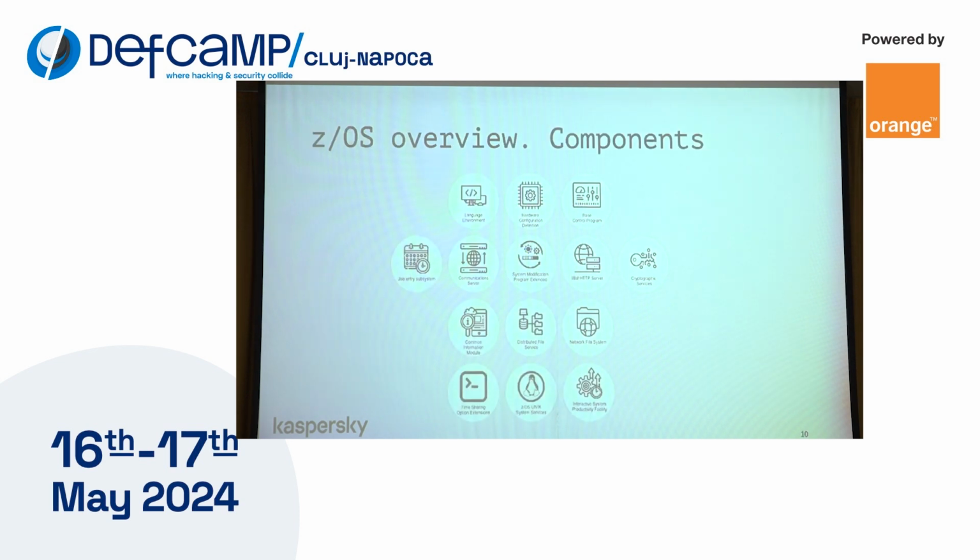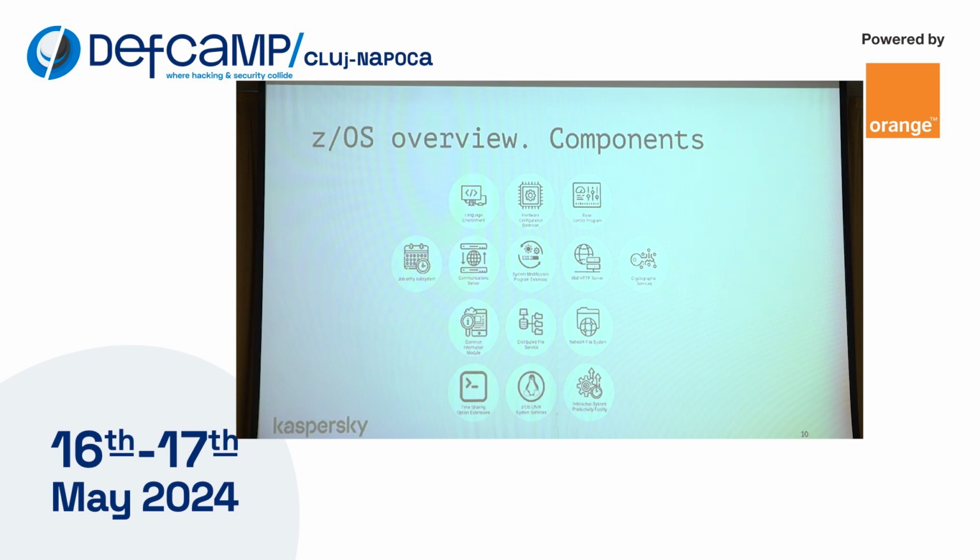And z/OS is an operating system for such devices, introduced in the 2000s, and it is a modern operating system. In particular, it has a Unix subsystem, which allows it to work with modern programs like WebSphere.